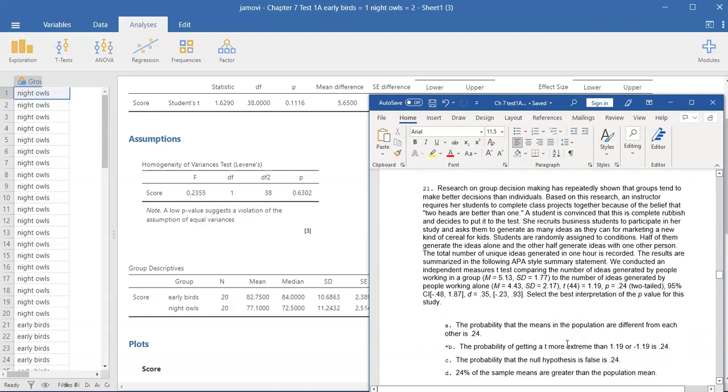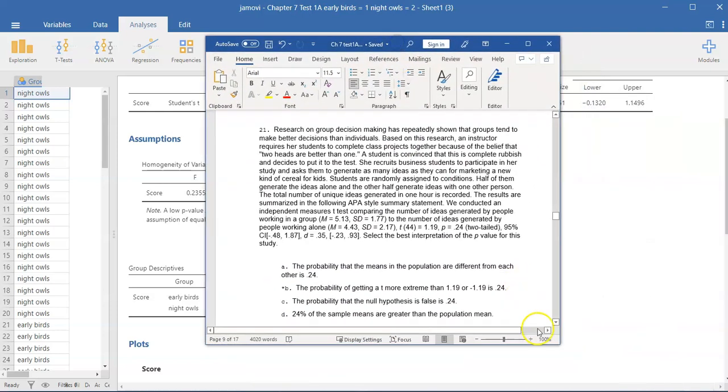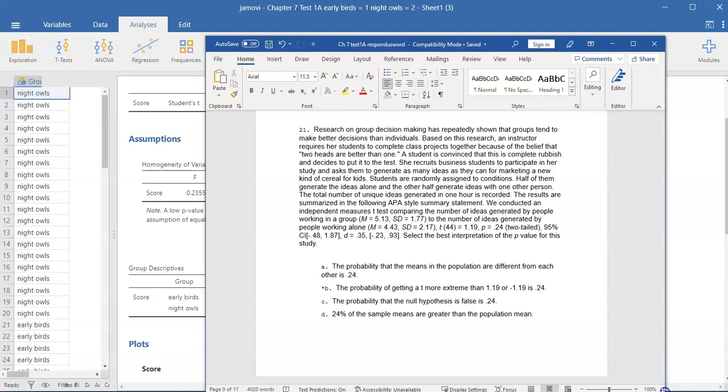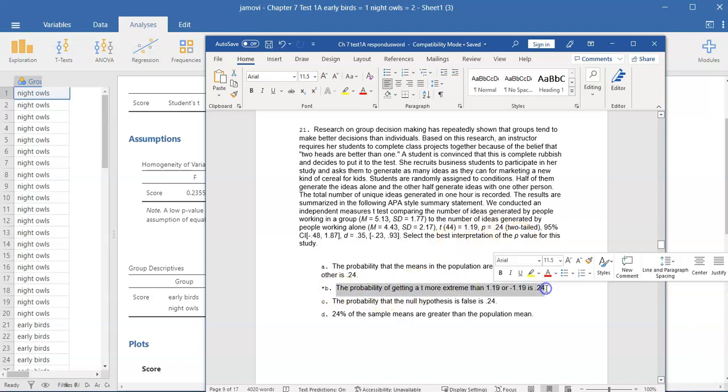Okay, and in this next question, you're supposed to read this and interpret the results that are provided for you. So you don't need JASP or anything for this. I'll just go ahead and blow this up a little bit. Here we're looking at the probability again. I want you to look at the p-value. Here is, again, pretty much a definition of the p-value.